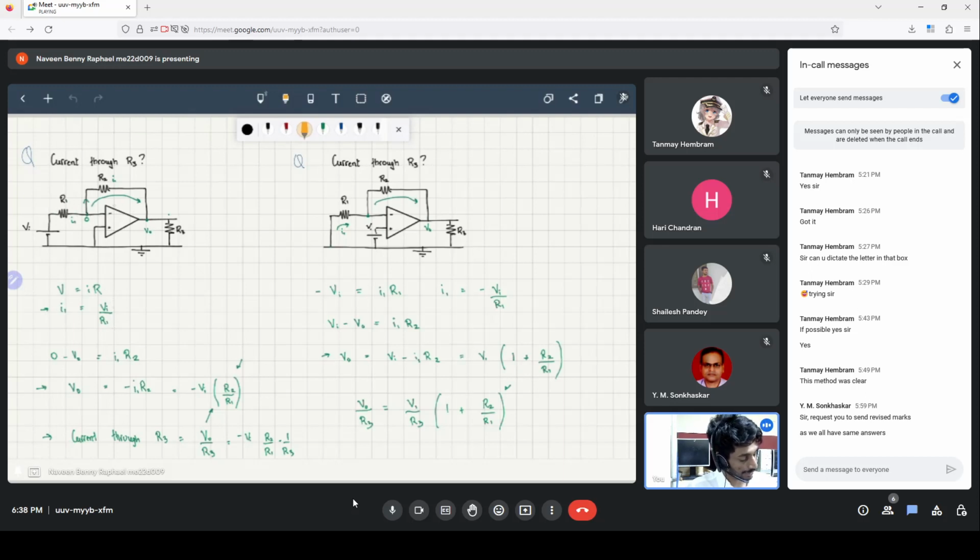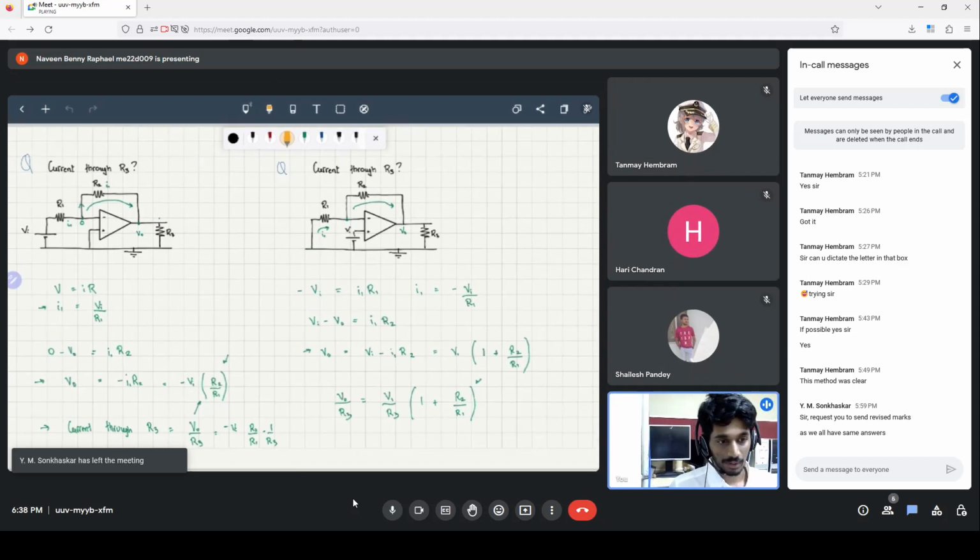Since no current enters the operational amplifier, this entire current will pass through the resistor R2, and therefore we can find the output voltage. The output voltage V0 will depend on R1, R2 and VI, and we found this relationship: V0 is equal to minus VI into R2 by R1.